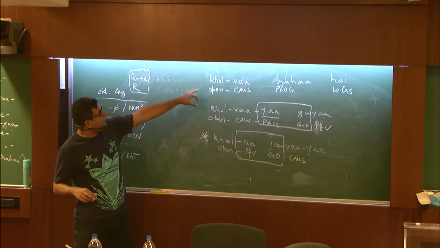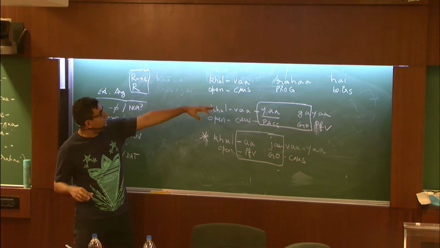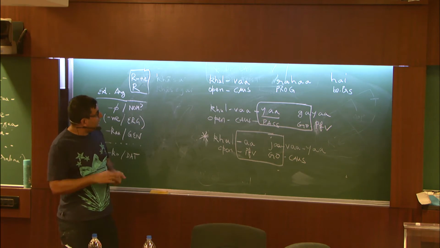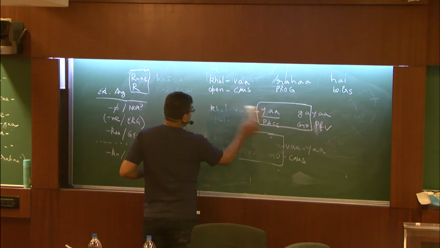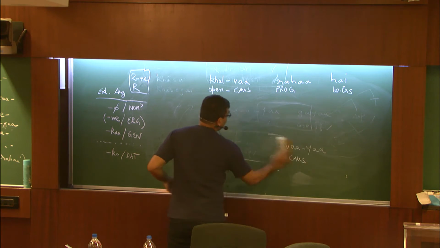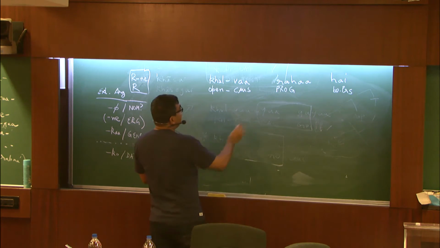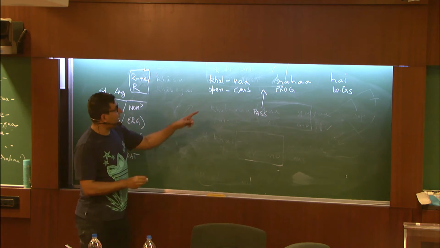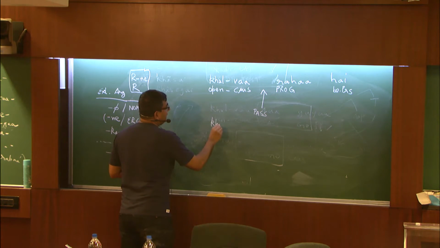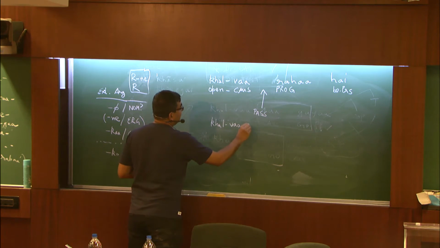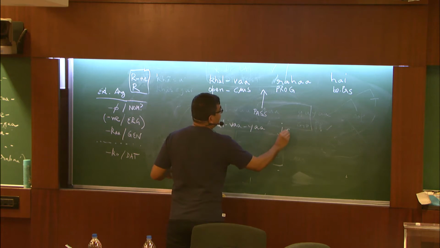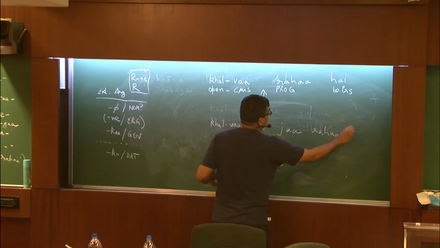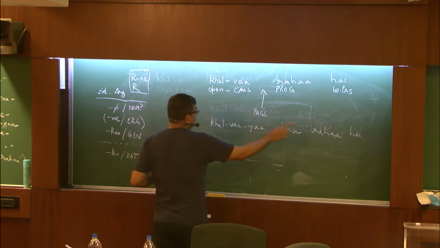Ram is having the door opened by the thief. Now if you want to do the passive here, we find that the passive has to go here. This is good. So this will give us khulvaya ja, and note that you now get ja raha hai. Kamra chor se khulwaya ja raha hai.